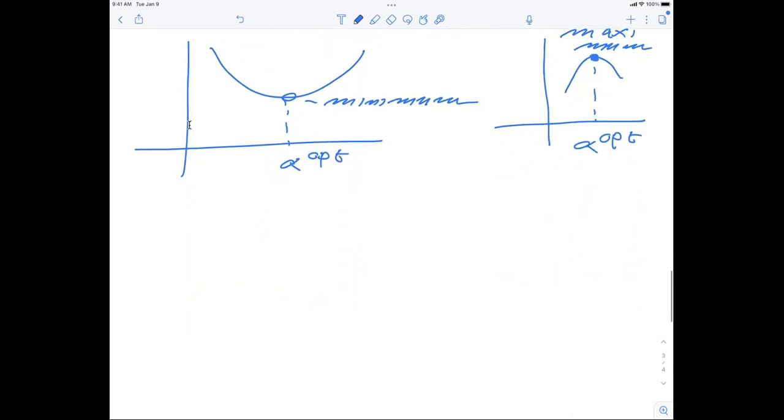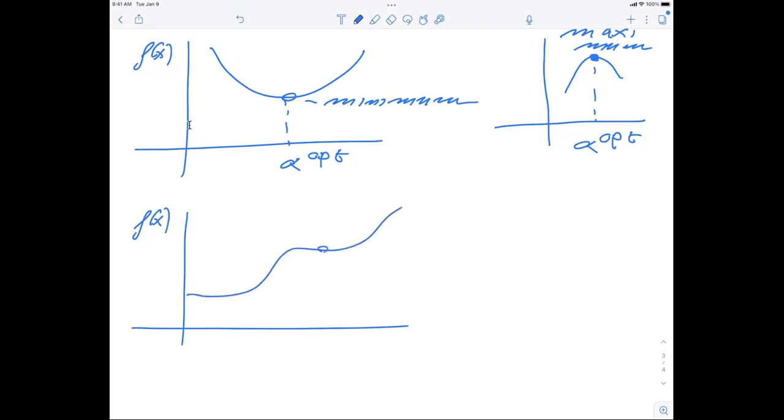Now, one thing which causes problems for us in these calculations is the case where we have so-called saddle points. I'm just plotting the function f(x) here, and we can have some delicate points where we would have something like this. In this case as well, the derivative is equal to 0, so you would have f'(x) equal to 0.